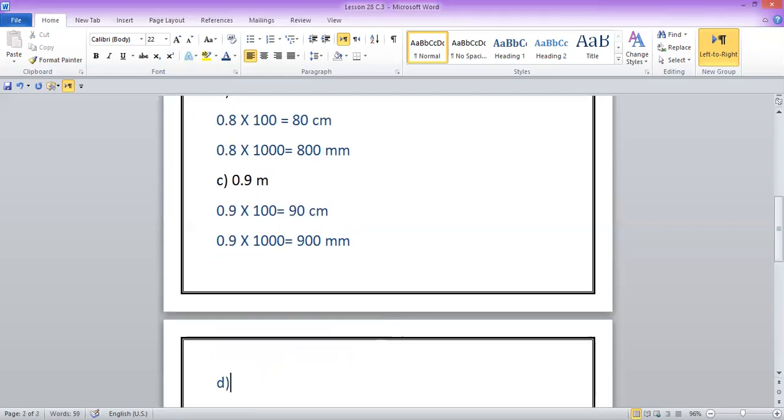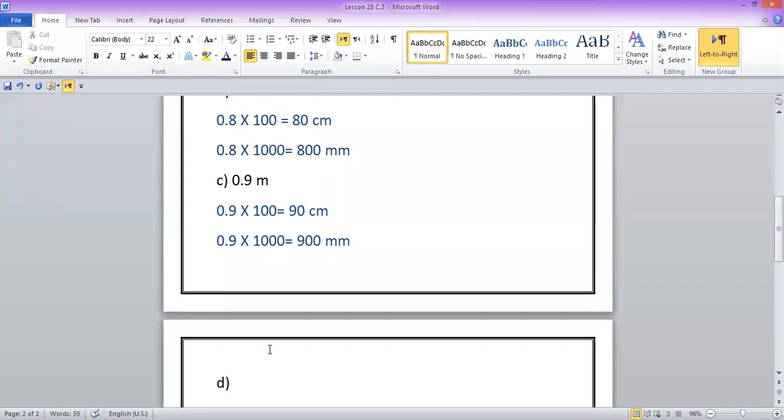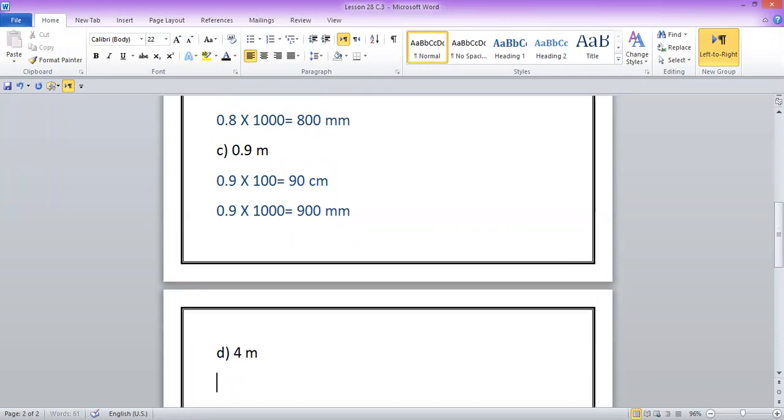Now we'll write D. D is 4 meter. It's very easy.